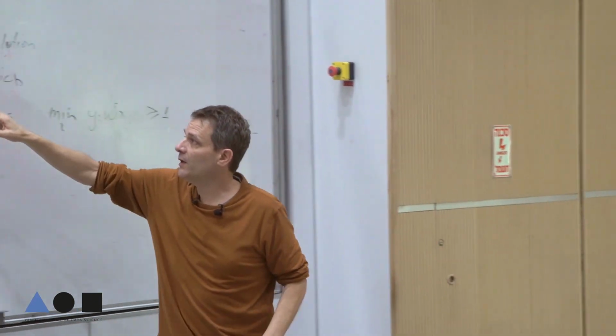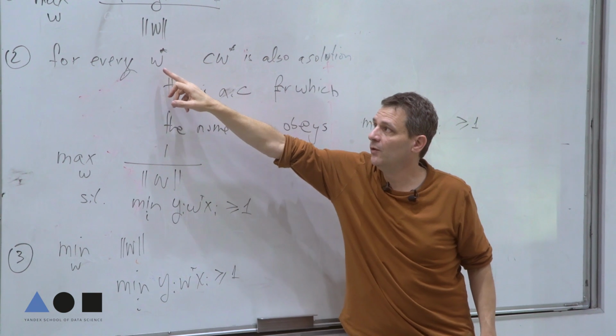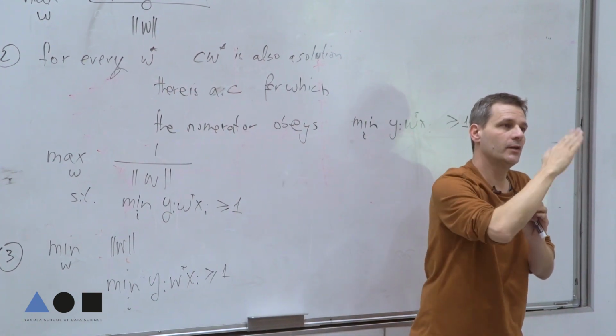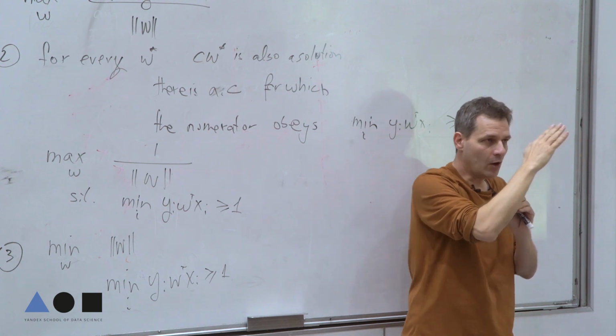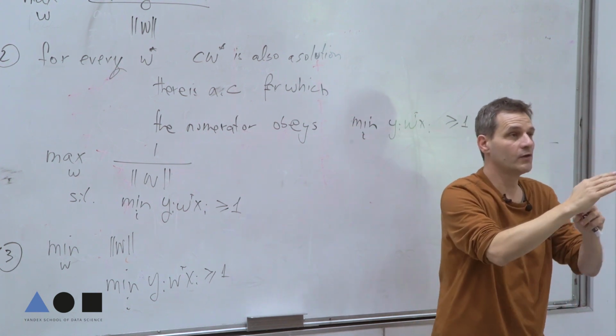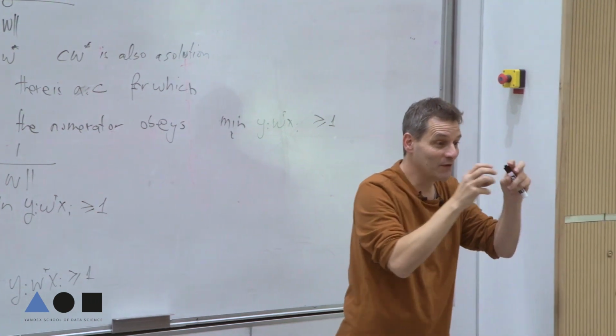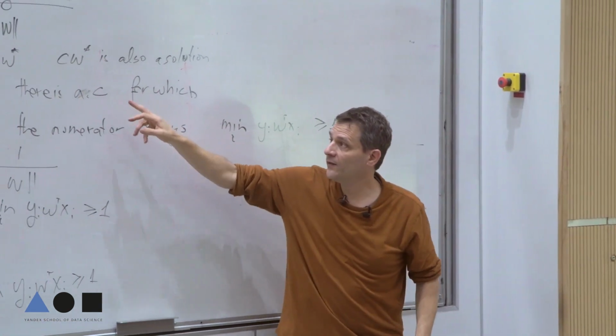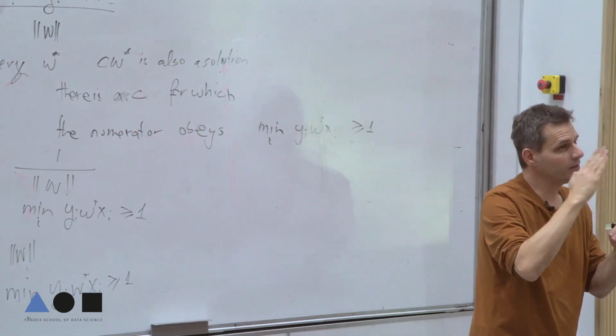Again, for every w, we only care about the orientation in space. We don't care about how much zoom in or zoom out we have, because the line looks the same if you look at it zoomed in or zoomed out. So by adding this constraint, you kind of set the scale of the problem.